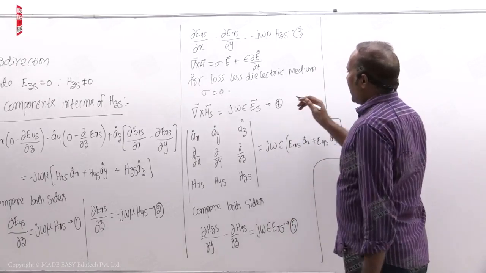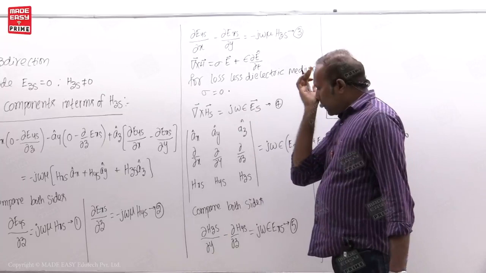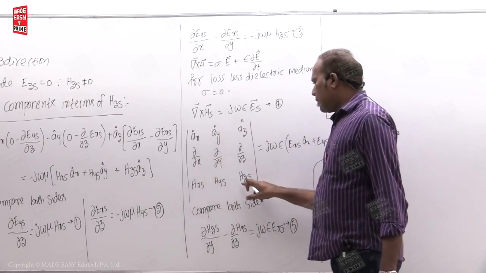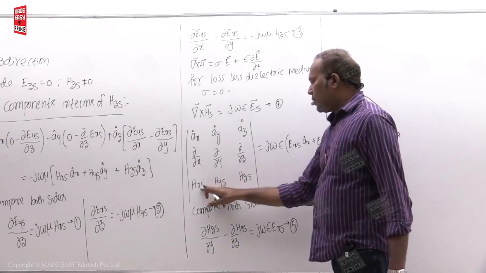Similarly, minus ay this side, minus ay is there. Then ∂/∂x of this one minus ∂/∂z of this one.